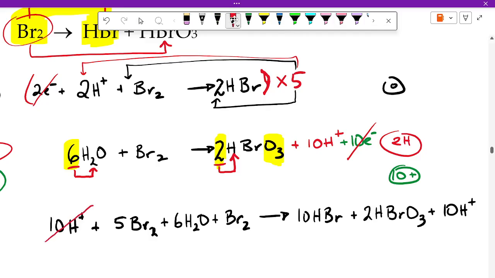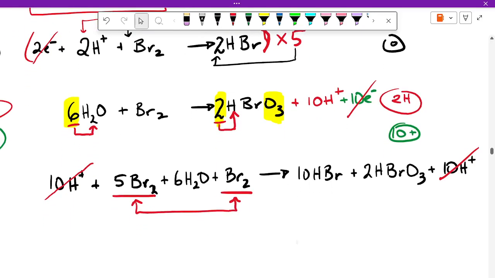Let's see. Oh, this. So we put all in there.